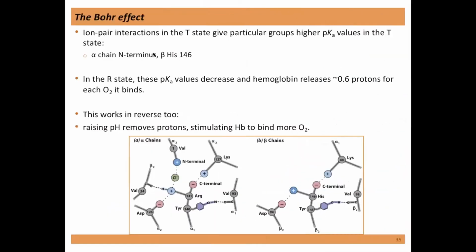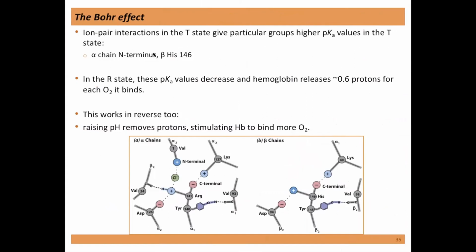So first of all, let's look at the Bohr effect. So there's ion interactions in the T state. And these ion pair interactions actually give groups higher pKa values. So we talked about this before, where you get microenvironments and the pKa can actually shift.